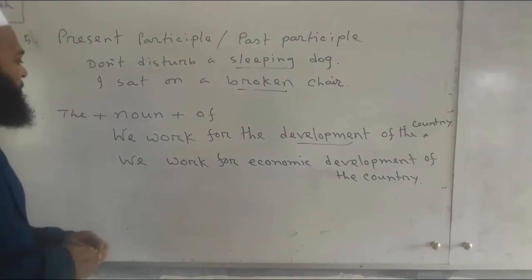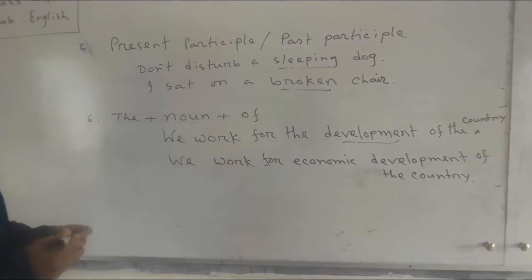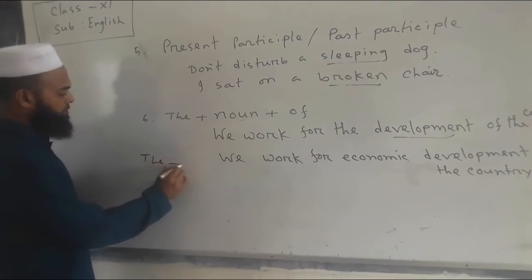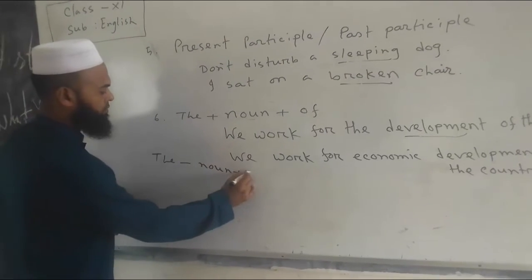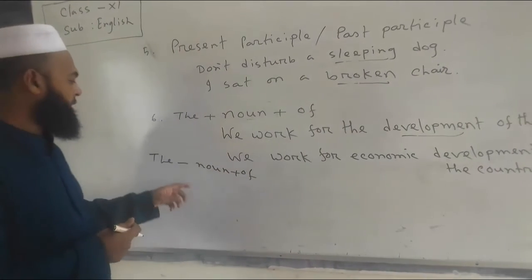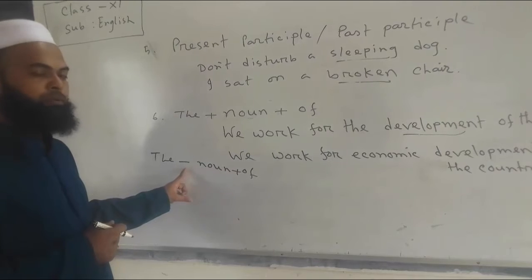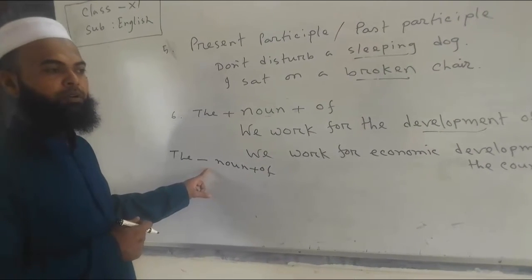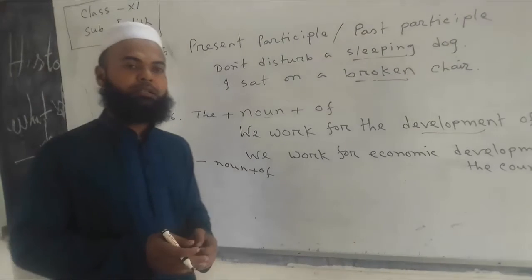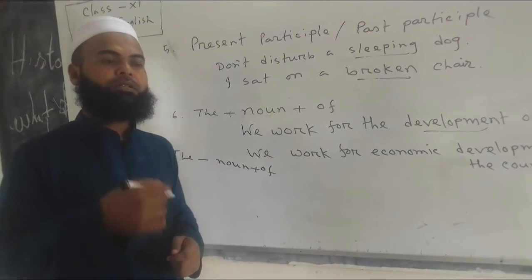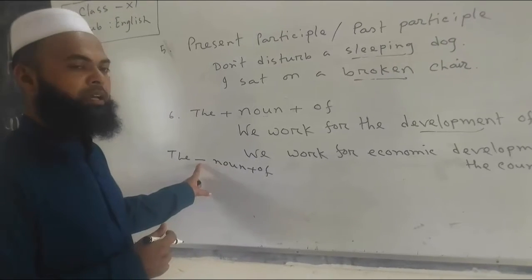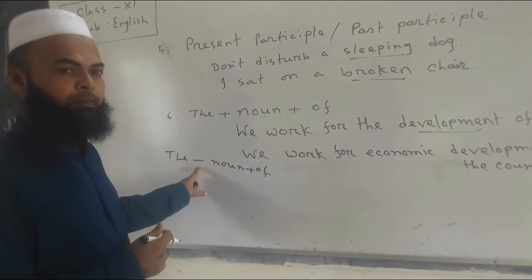But when you find a gap before a noun, then you will write an adjective in the gap, because we know that in a sentence an adjective always sits before the noun. So here we will write an adjective in the gap.